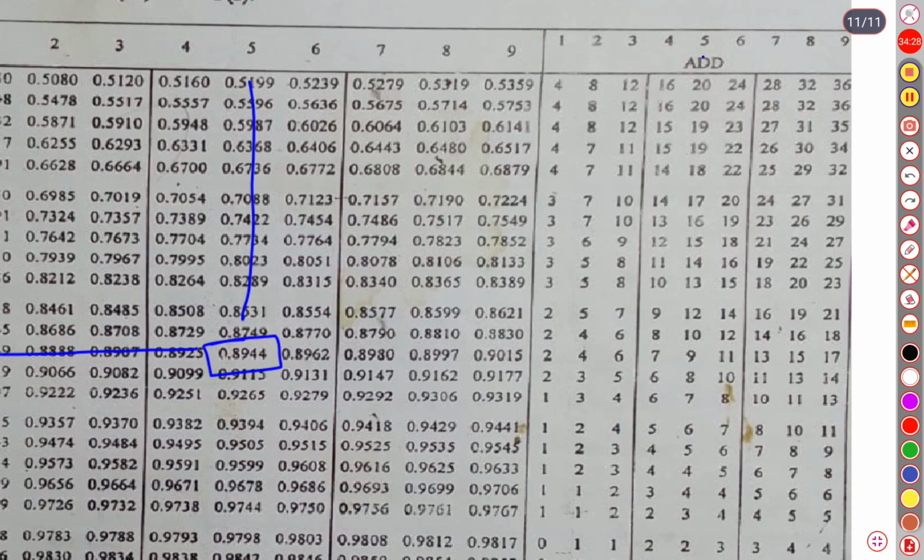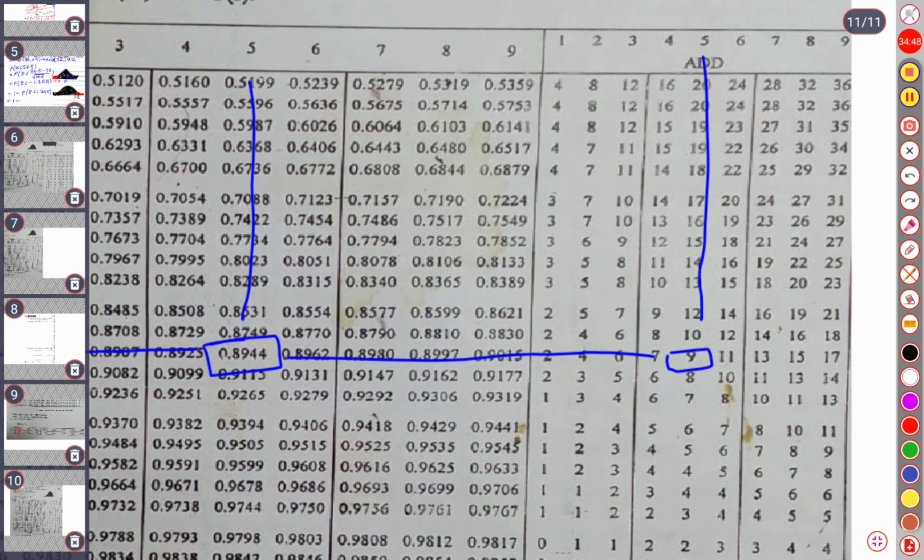This is 5, and our column is this. No, not this one, the third one. Okay, so 0.8944, if we add up this 9, it is going to be 0.8953, our corresponding probability.